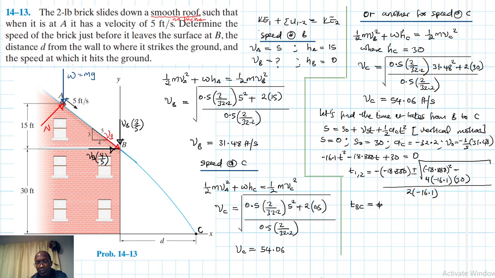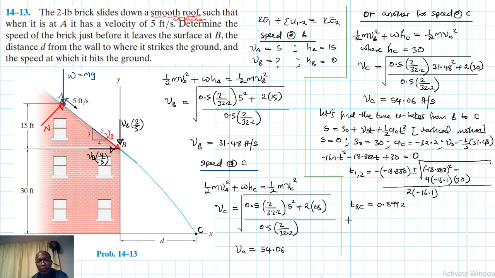So we have the time that is 0.8992. So this is the time it takes. Let's check it out again. Alright. So this is the time it takes to move from B to C.